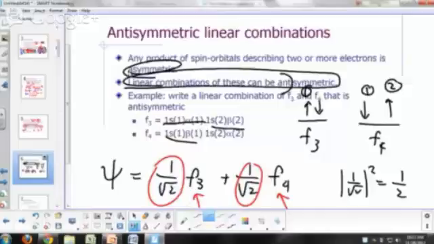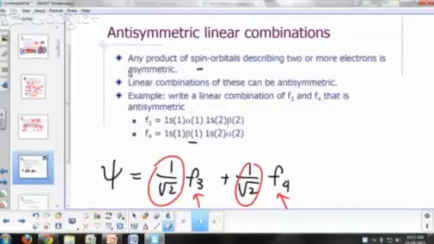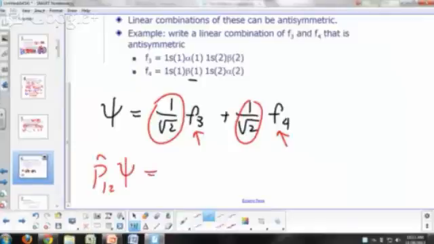Now, is that linear combination symmetric or antisymmetric? You have to make sure it is antisymmetric. So let's check. What would happen if I were to switch labels between electron 1 and 2? What would happen to my F3?